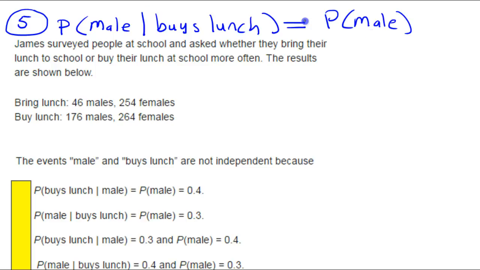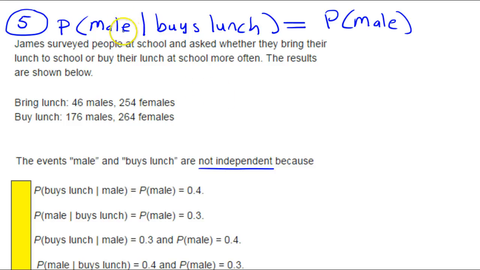If these are equal, then those two events, male and buys lunch, are independent. If they're not equal, then they are not independent. So it's all about doing those calculations and seeing what we get, and that'll tell us the answer.